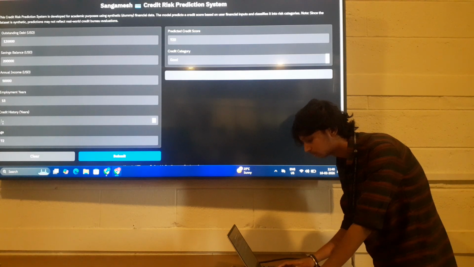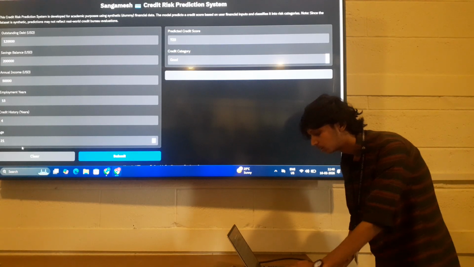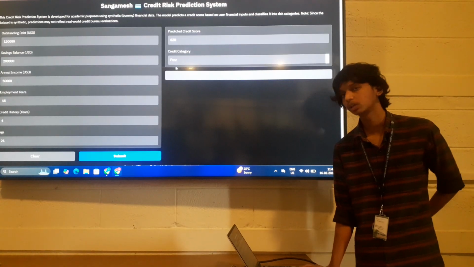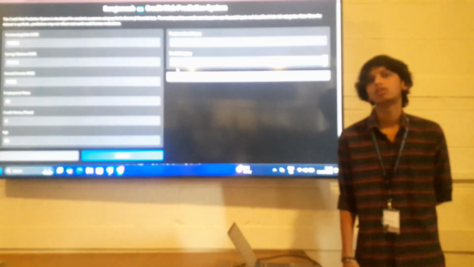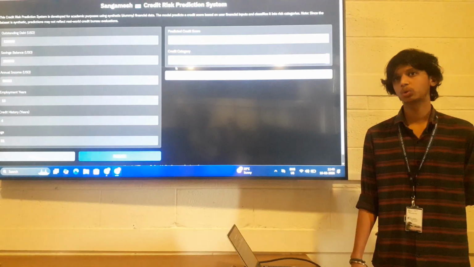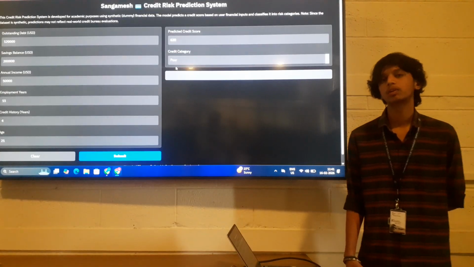Credit history is 4 years, and age 21. Here we can see that the credit score value is 620, which is poor according to my dataset. As our dataset has most of the values related to very poor and poor, the most predicted value should be very poor or poor. That's all from my side. Thank you.